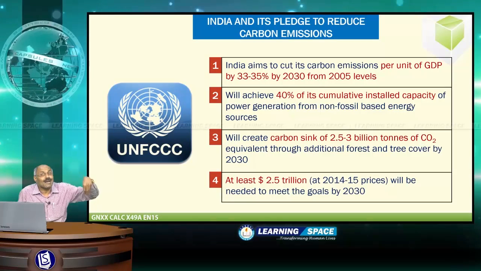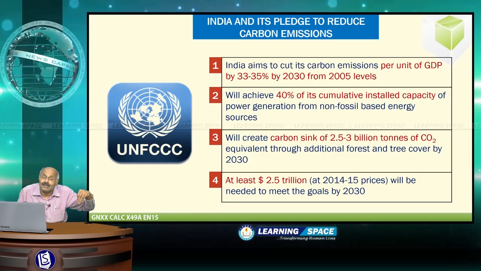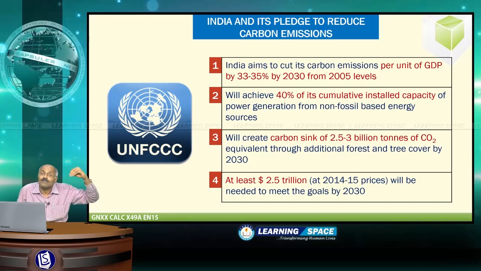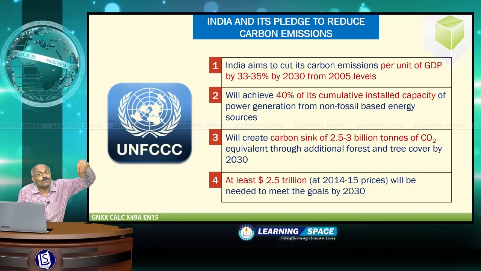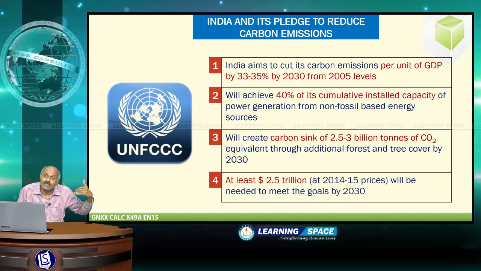India aims to cut its carbon emissions per unit of GDP. They are not in absolute terms, please remember. Per unit of GDP by 33 to 35% by 2030 from 2005 levels. That is one commitment.